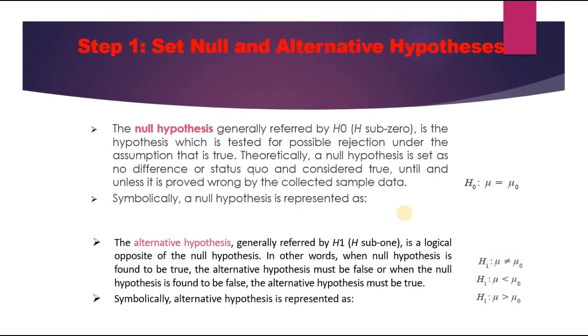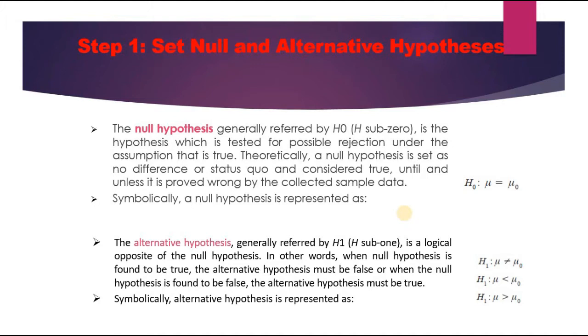The null hypothesis is generally referred to as H naught, or H sub 0, which is its symbolic representation. This null hypothesis is tested for possible rejection under the assumption that it is true.